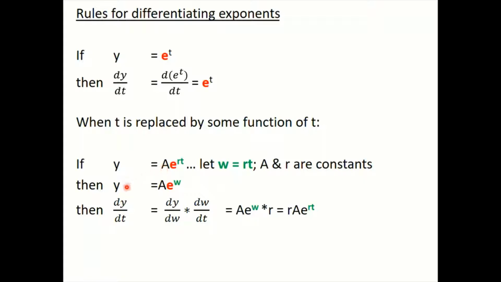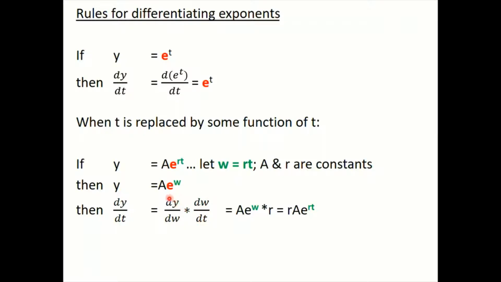We write the function as y equals a times e to the power of w, given that we let w equal rt. Applying the chain rule, we need to find the derivative of y with respect to w, and then the derivative of w with respect to t.